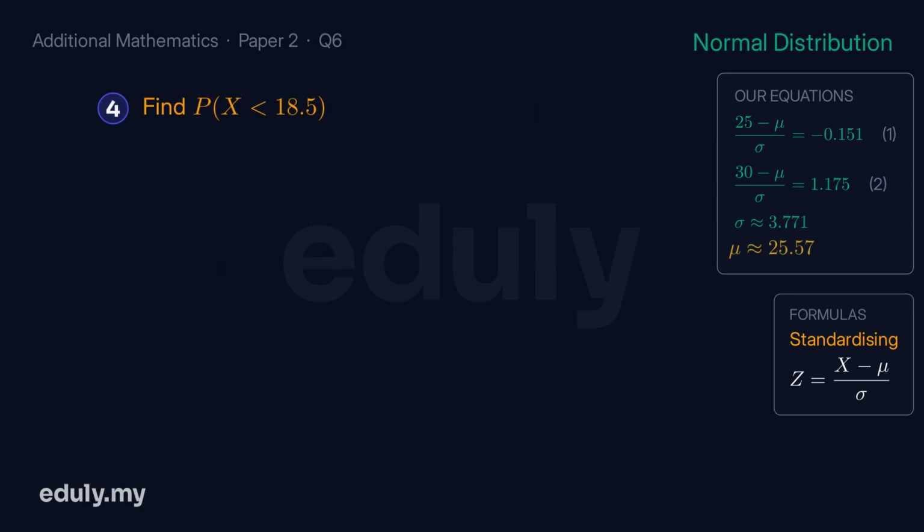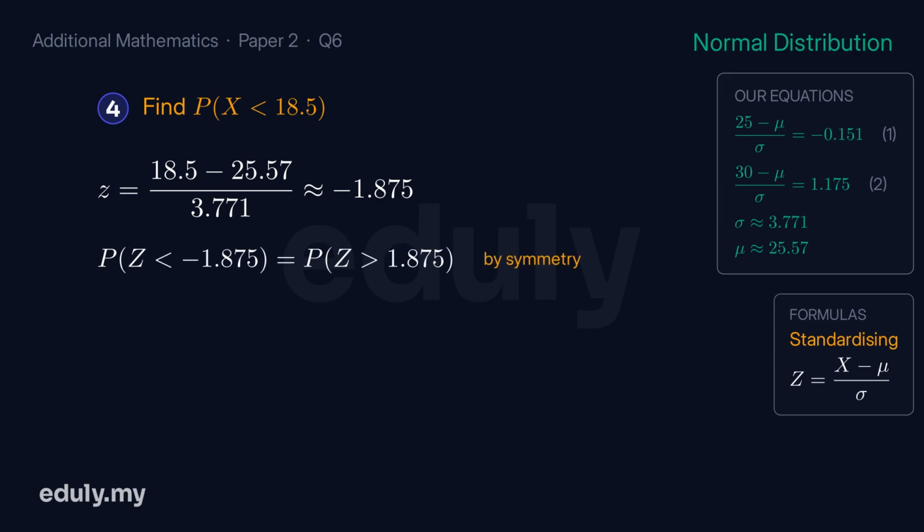Step 4. Now find the chance of being underweight, below 18.5. Standardize 18.5 with our mean and standard deviation. The z-score is about negative 1.875. The z-score is negative again, so we use symmetry.